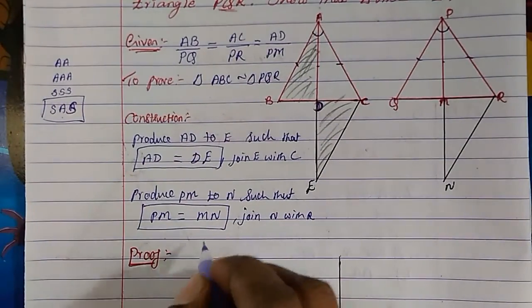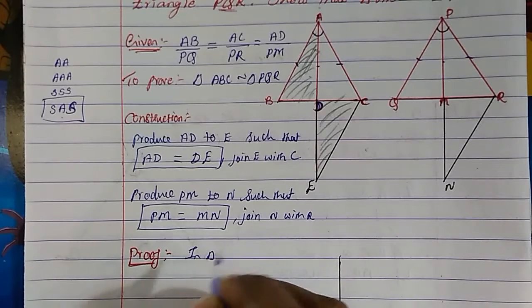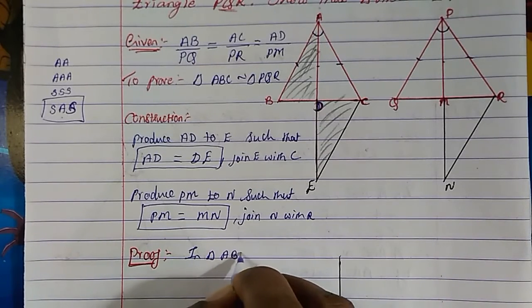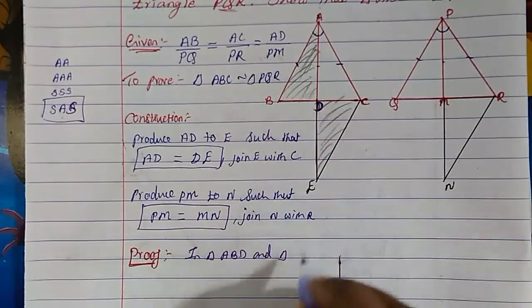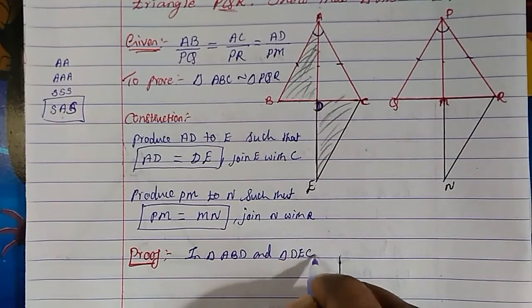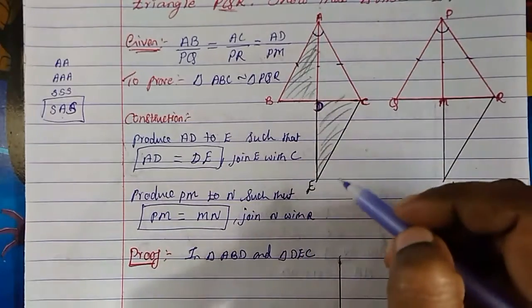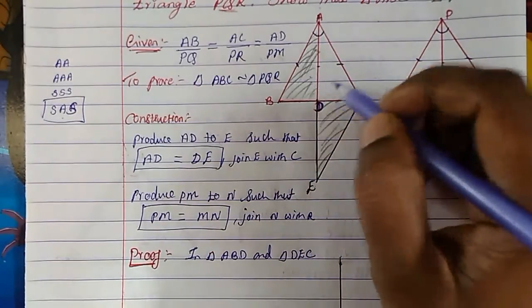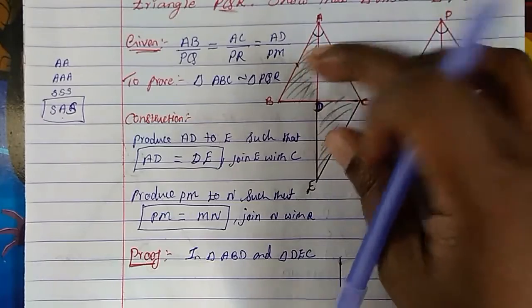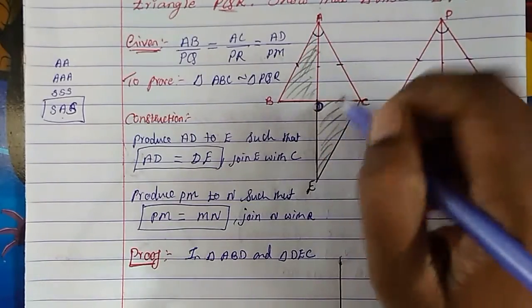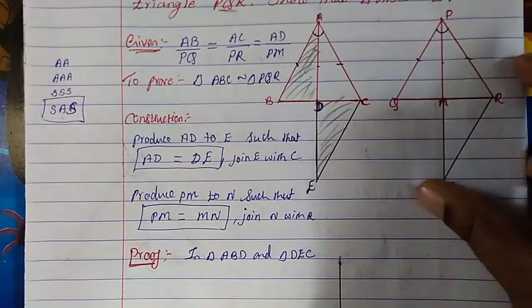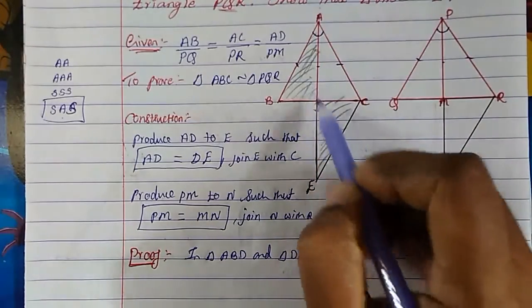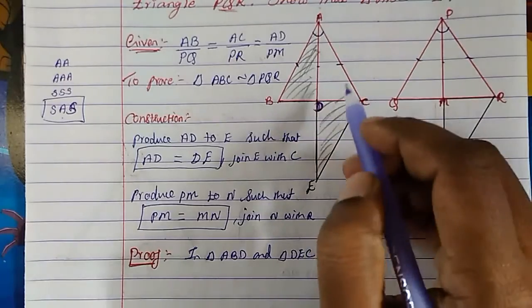So proof. In triangle ABD and triangle DEC, what we have to prove is that these two triangles are first congruent, because if we prove congruent, then we will get one part of the proof for similarity.